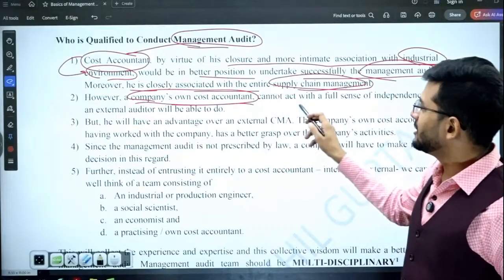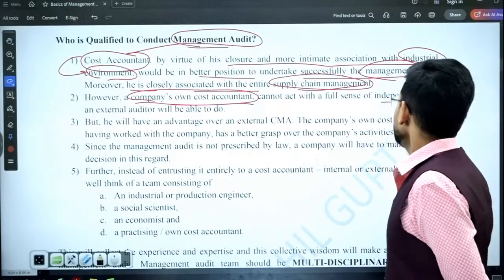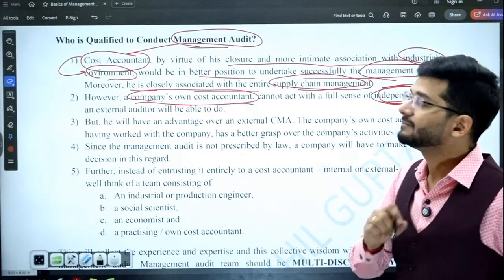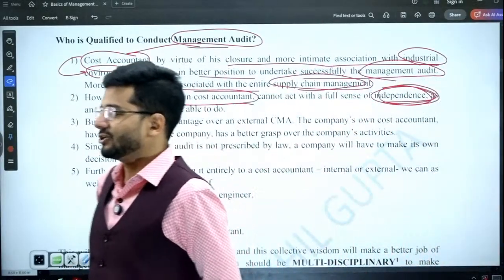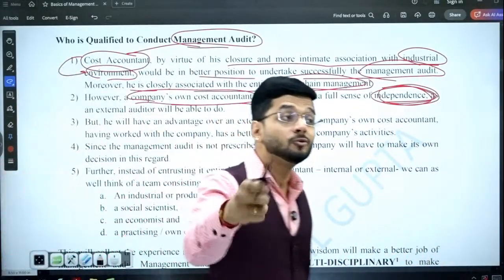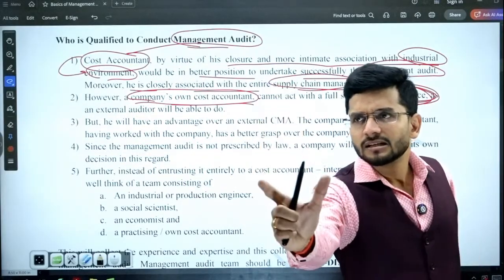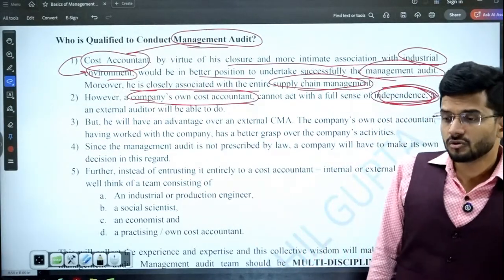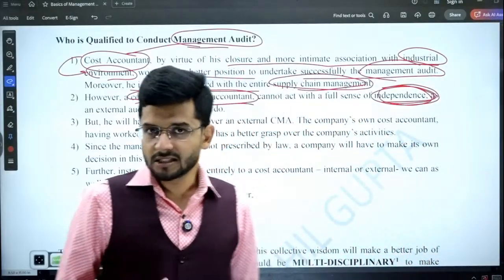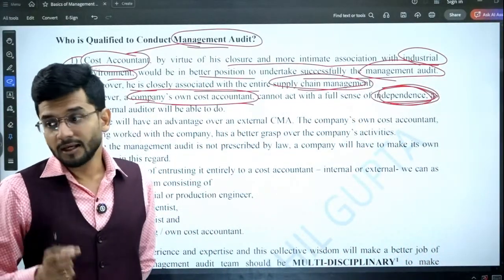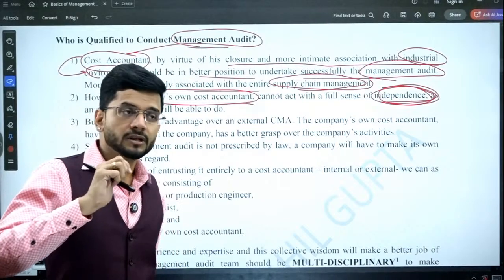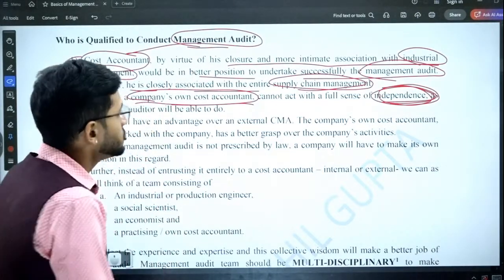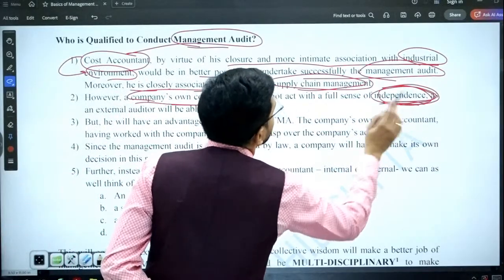So the company's cost accountant, ideally, can do management audit, but he will not act independently. He will not be unbiased. He will not be uninfluenced. Somewhere he'll be influenced by the position and the threat which the top management will give him. So somewhere he'll be under a threat. Somewhere he'll be a little biased. He won't say anything negative about the management in a very true, in a very fair manner. So yes, somewhere he will not be independent.